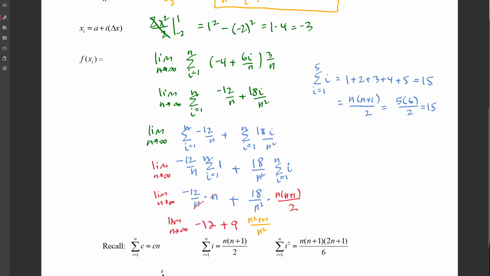But it's a limit problem as n goes to infinity, so since the leading terms have the same exponents, the answer to the limit is the ratio of coefficients. So this actually goes to 1. So my answer is -12 plus 9, which guess what? Is -3. See? Magic.